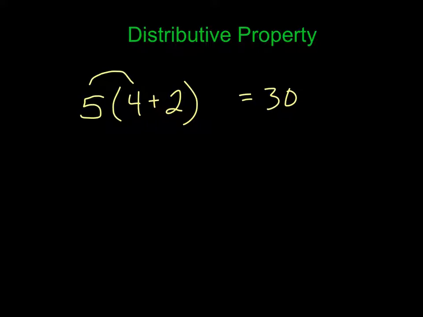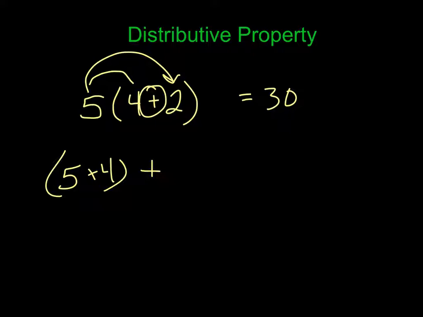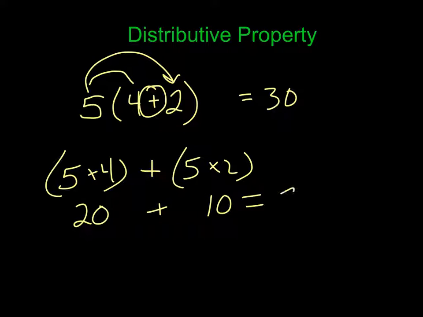I can take 5 times 4 and add that to 5 times 2. If I do that, this is 20 and this is 10, and if I add them together, I get 30, which is the same thing I had when I did the order of operations.